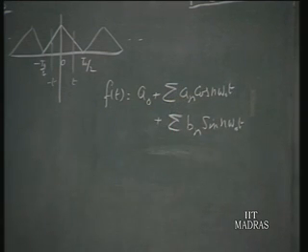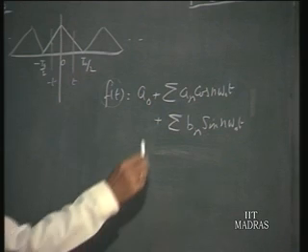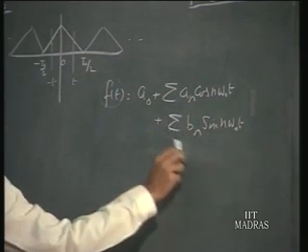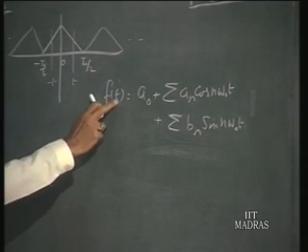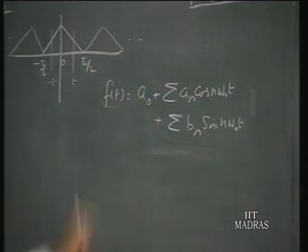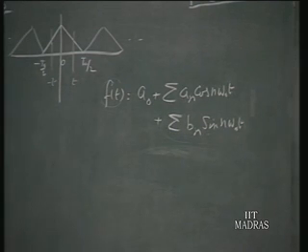Cos terms are even functions of time, but sin terms are not even functions of time, they are odd. So, if this function is even, we can expect that we have no place for the sin terms in its expansion, because when you substitute minus t for t, the values of the cos terms will remain the same, but the sin terms will have their value reversed. Consequently, f of t can no longer be f of minus t. So, intuitively we can expect that all the bn terms go to 0.